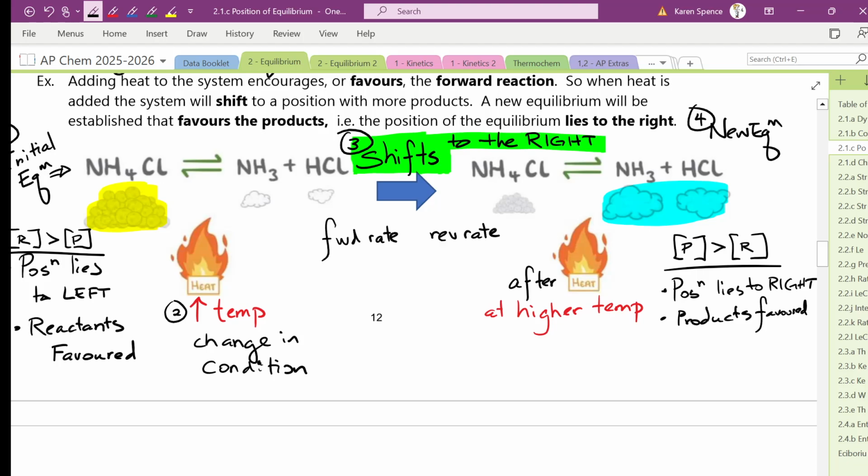In order to get from more reactants to a position with more products during the shift, are the forward rate and reverse rate equal? No. Which one is faster during the shift? The forward rate is faster. That allows us to make more products and use up reactants.